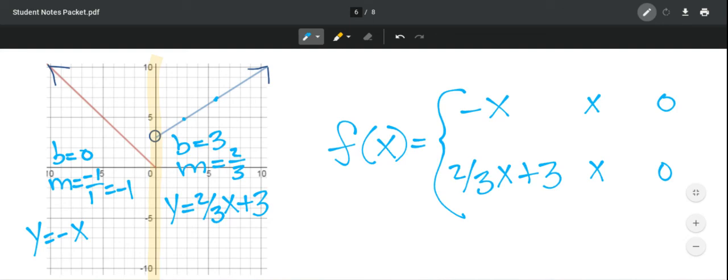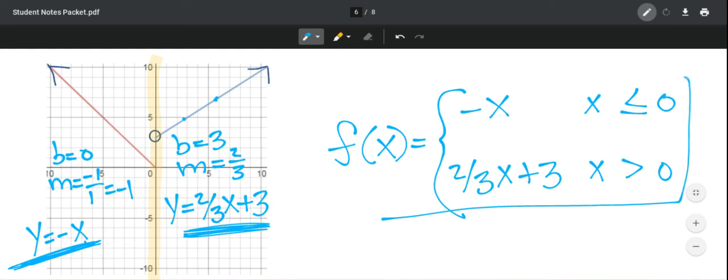So that means the first equation, negative x, all the x values are getting smaller, and it's a closed circle. Where the second equation over here, all the x values are getting bigger, and it's an open circle. So we are done.